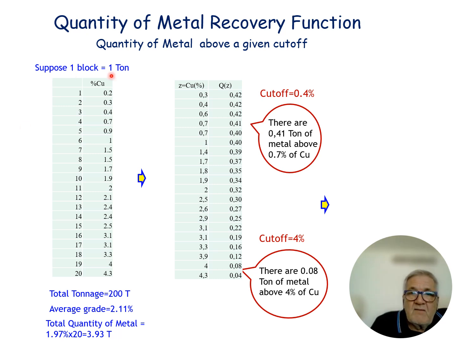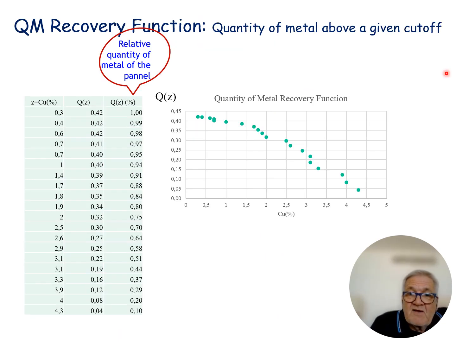Above the minimum value of grade, we have 0.42 tons of copper. For example, above 0.7% we have 0.41, and so on. There are 0.08 tons of metal above 4% of copper. As you can imagine, this is also a decreasing function.